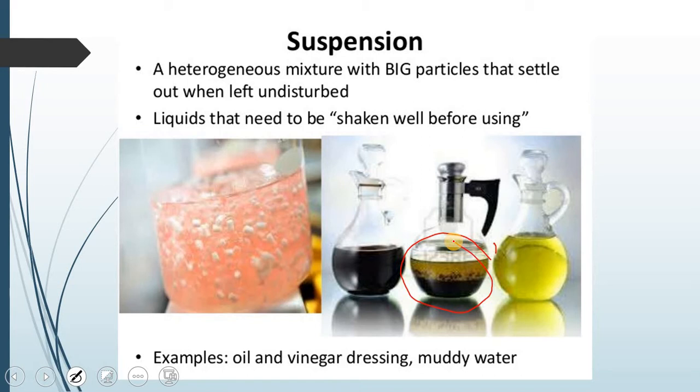Okay, so this thing suspension means that when you leave this liquid, or when you leave this object in its undisturbed state, it's gonna form maybe two layers, or at least you're gonna see some particles, some on the surface and mostly on the bottom. Okay, that's the meaning of suspension. So kamu boleh nampak sedikit dekat bawah dan juga mungkin beberapa dekat atas.